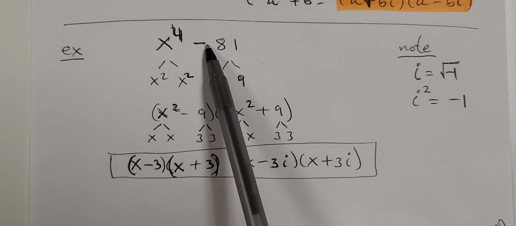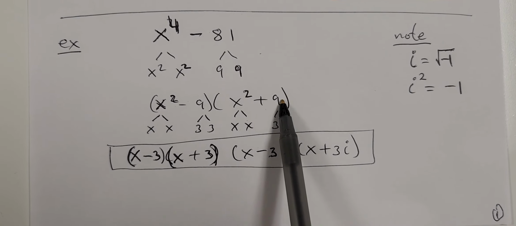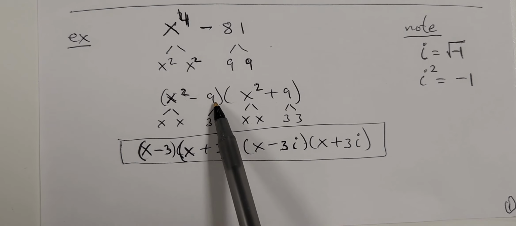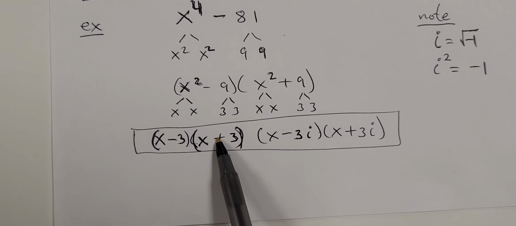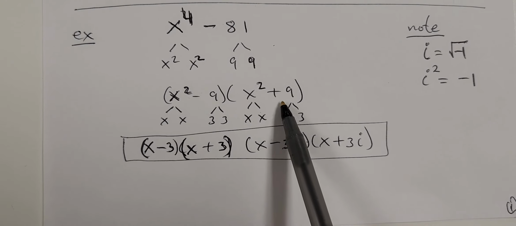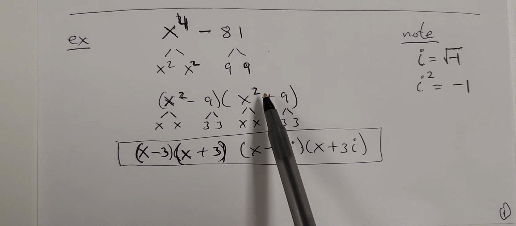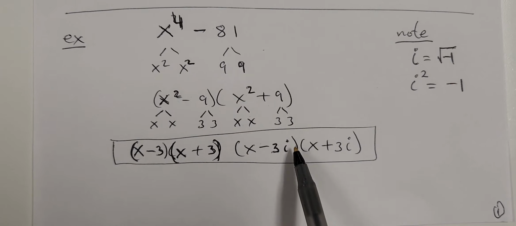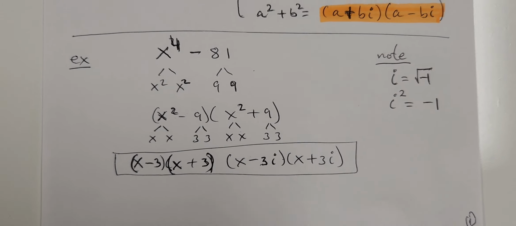Since that's a minus, I can do x squared minus 9, x squared plus 9. Now, since this is a minus, you can still break it down further: x minus 3, x plus 3. Same thing here, there are two x's, there are two 3's. However, because this is a plus, make sure you include the i for both. So be very careful.